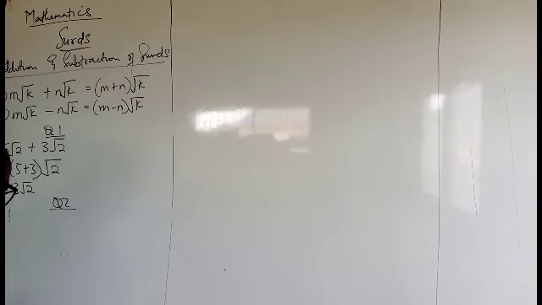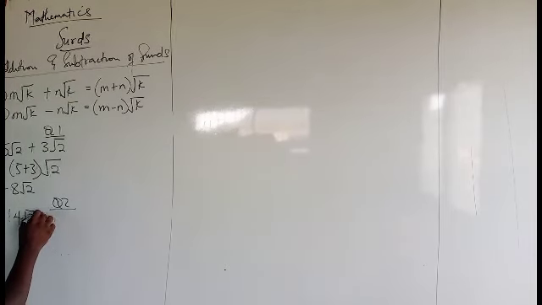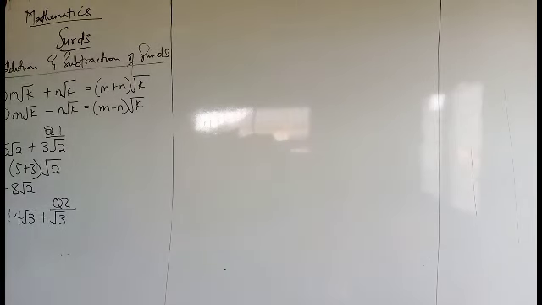Now try your hands on this one. Question 2. I'll give you a minute. 4 root 3 plus root 3. Let's see. Okay, so what did you get? Let's solve it together. So here we'll have 4 plus 1.